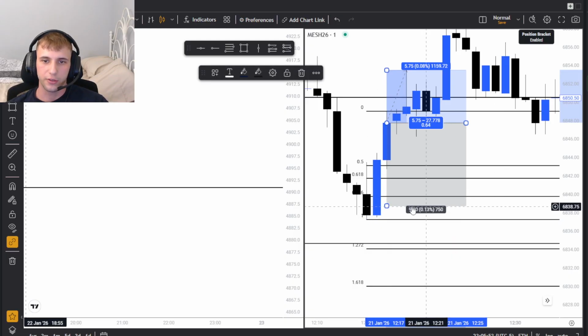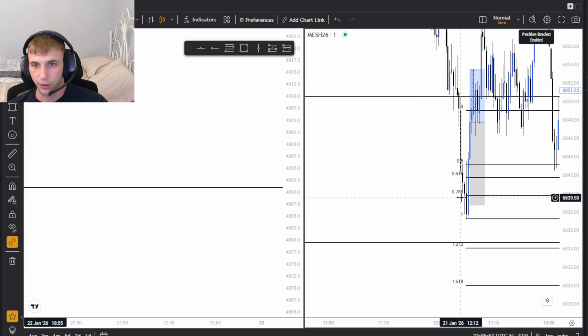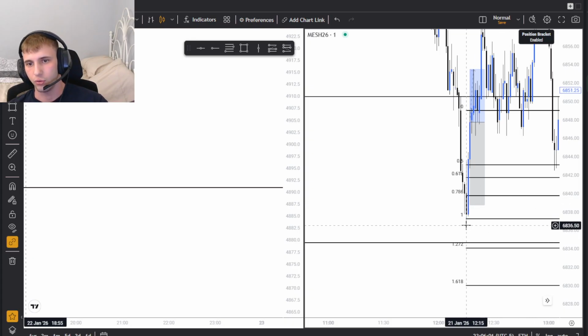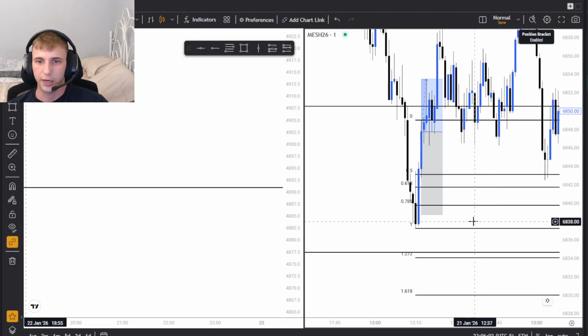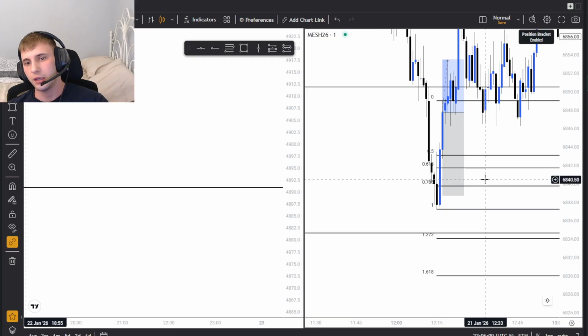Well, this is going to fall somewhere between the 0.786 level and the actual true low. Why? Because the 0.86 level is a level that indicates a change in order flow only if price closes below it.